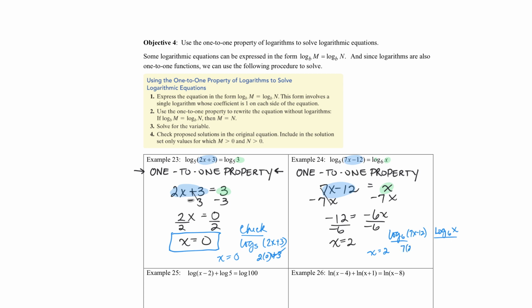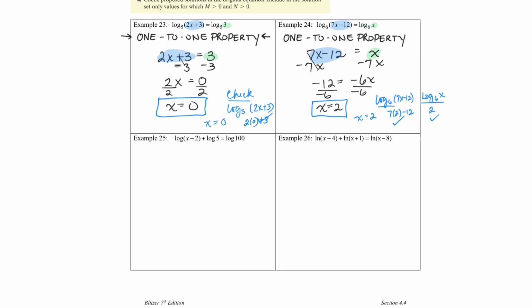So 7 times 2 minus 12, that's 14 minus 12 is 2, stays positive. And then over here it's just x, which would be 2, which of course stays positive. So this is in fact a valid solution to this logarithmic equation that I solved again by using the one-to-one property. Okay, last two examples for this section.